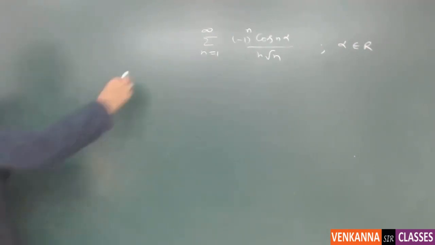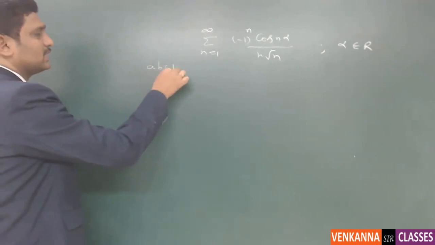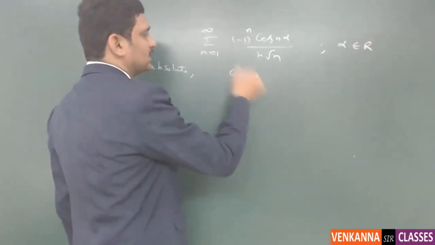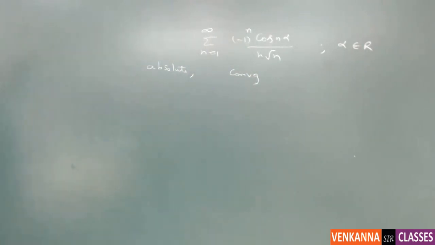So we need to verify absolute convergence, whatever it is. It is given that summation n is equal to 1 to infinity minus 1 whole power n cos n alpha whole divided by n root n, where alpha is a real number.